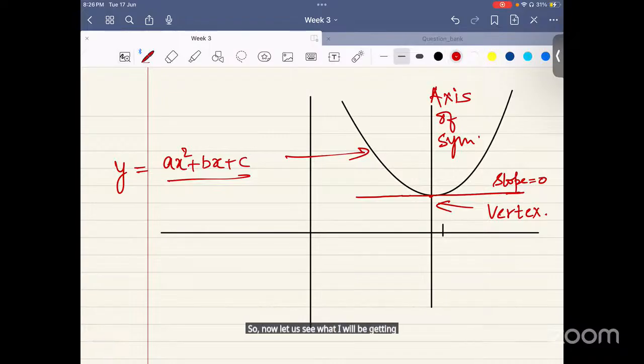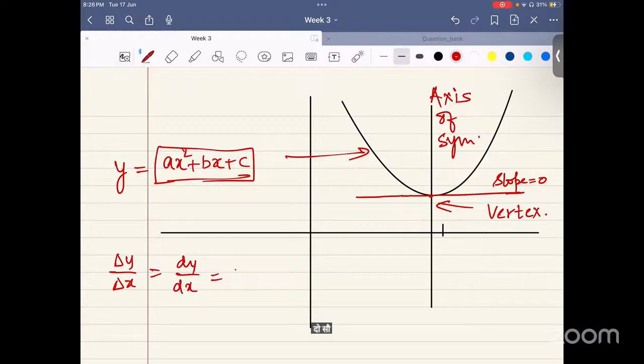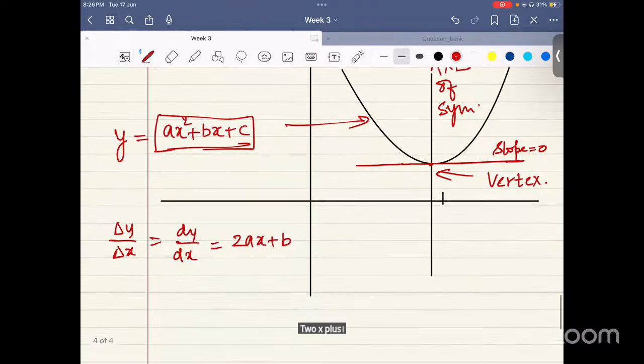So let's do it. So del y by del x, or you can say this is dy by dx. If you are differentiating this equation, what will you get? 2ax plus b. Correct. This is the slope at some point x comma y, right?